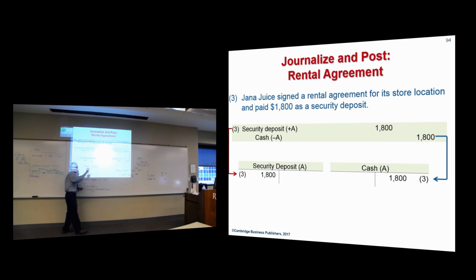It does not go below it, it goes on the credit side. Now the balance is zero. That's the way it would work.